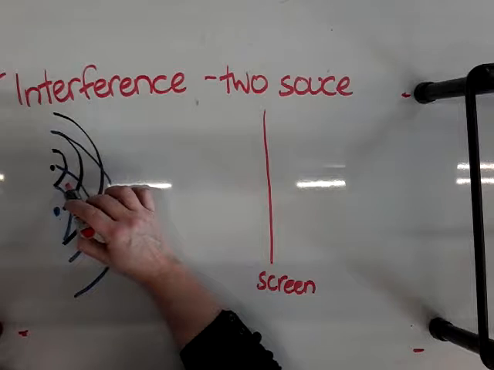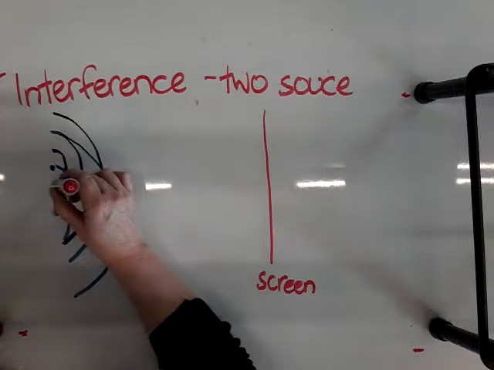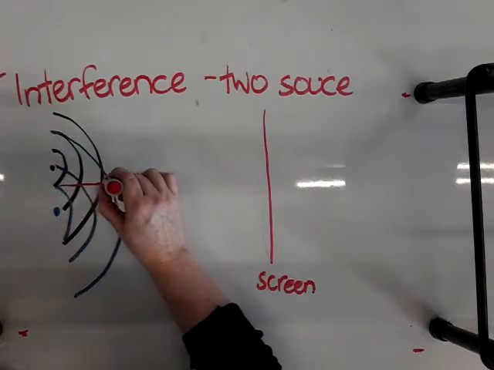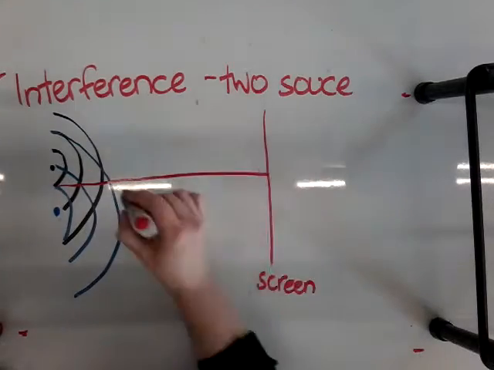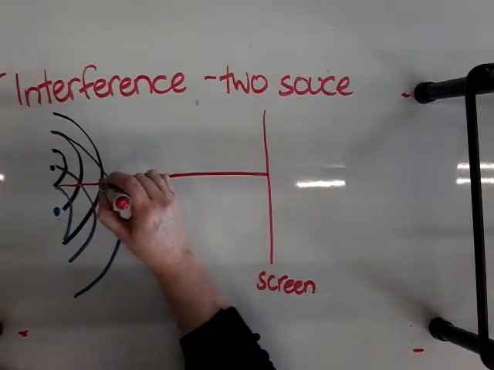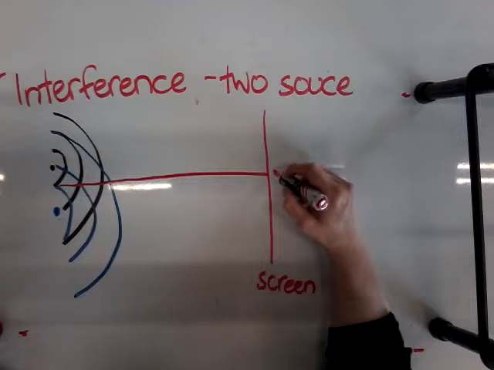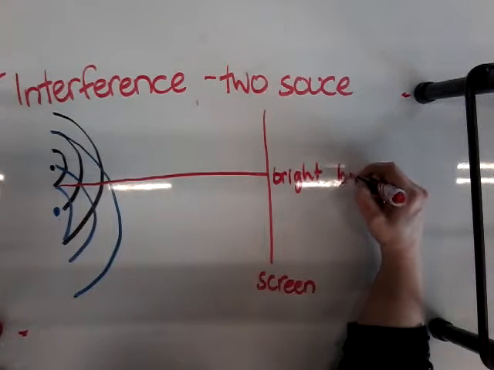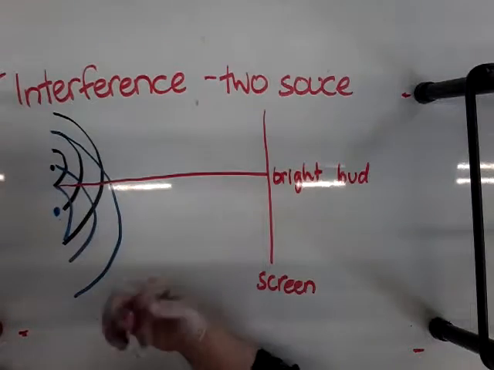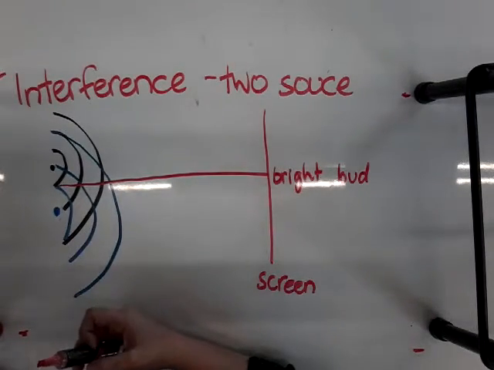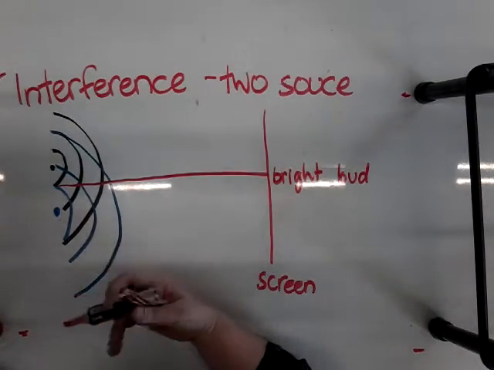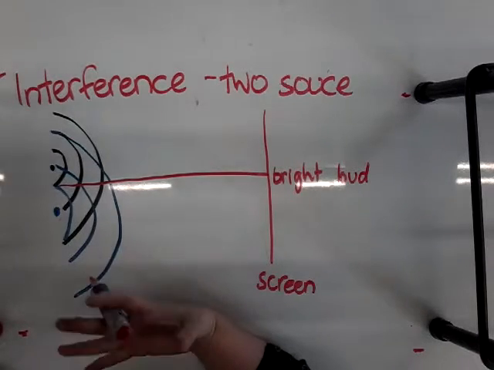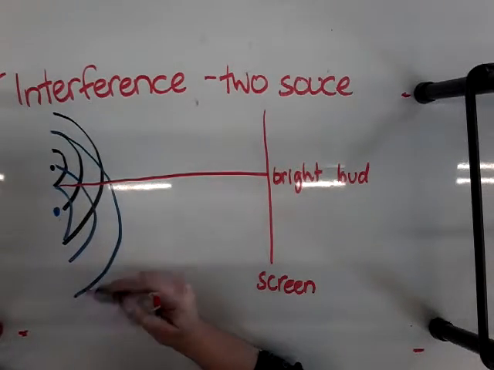And look, here's two troughs meeting and two troughs meeting. And just assume that these two actually cross there like they should, what you end up with is a place where you get bright light or loud sound, depending on what type of wave you're talking about. Or presumably, if it was water waves, you'd get high amplitude, big wave.